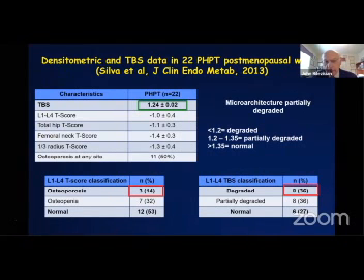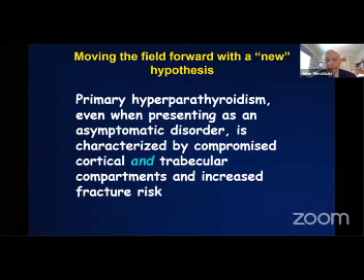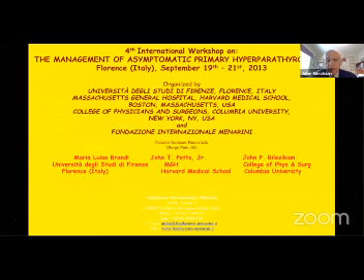So I think we could then conclude that this rather easily available technology, TBS, might help us in identifying the point that in hyperparathyroidism, both cortical and trabecular compartments are involved. And this helps to account for the global increase in fracture risk in primary hyperparathyroidism.